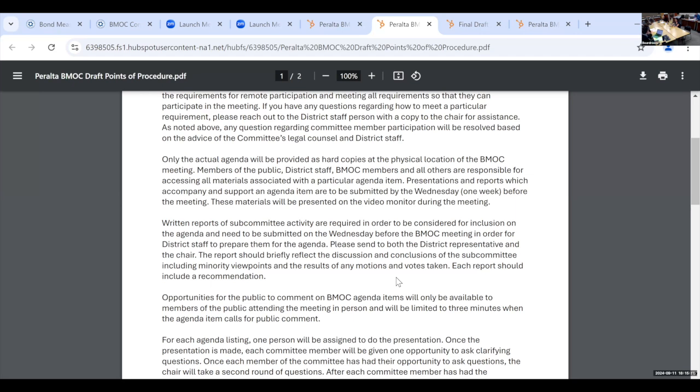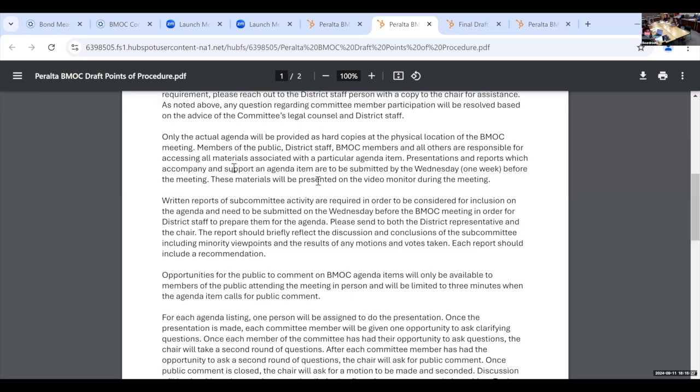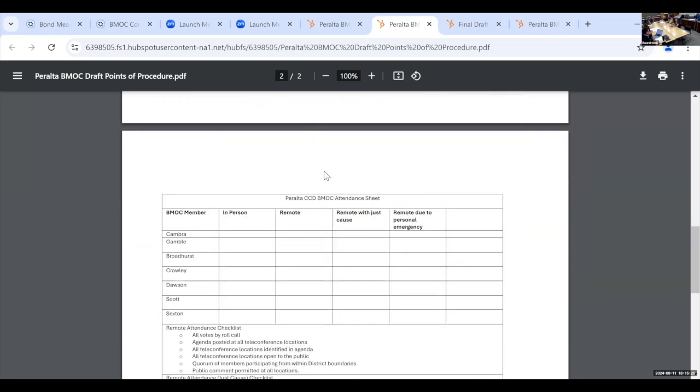And that was my fault. All right, and apologies for the printout. I think it only has page 1 of the document. Sorry about that. Number 7 is for each agenda item, which covers the procedure for how we would discuss action items.